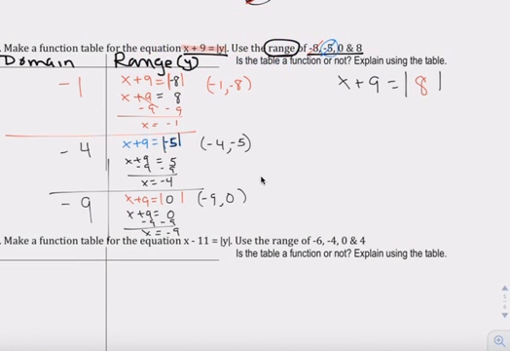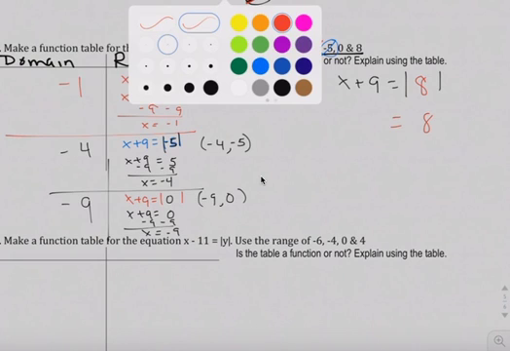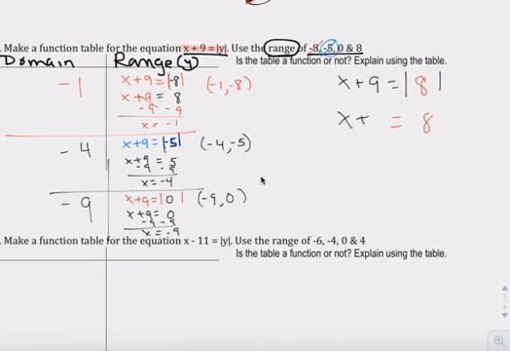Absolute value of 8 is 8, stays positive. And you got x plus 9 equals 8, minus 9 minus 9. x equals -1. So the ordered pair is -1, 8.